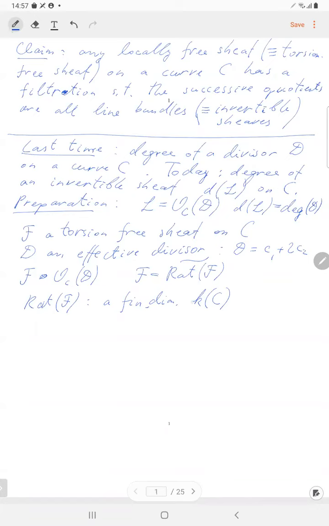And then if we take the corresponding localization, this contains various fractional ideals, in particular O_C of D, a fractional ideal.